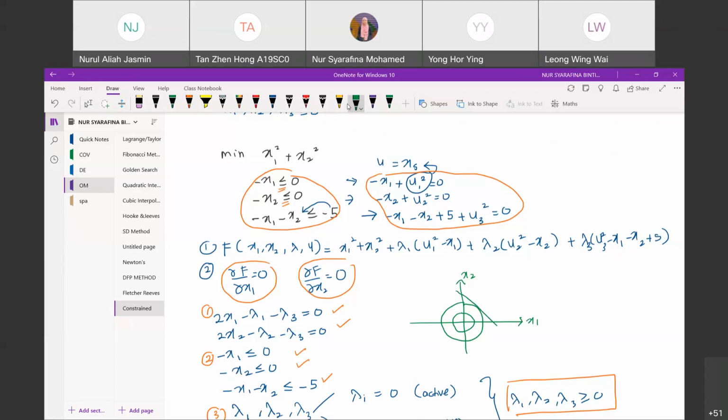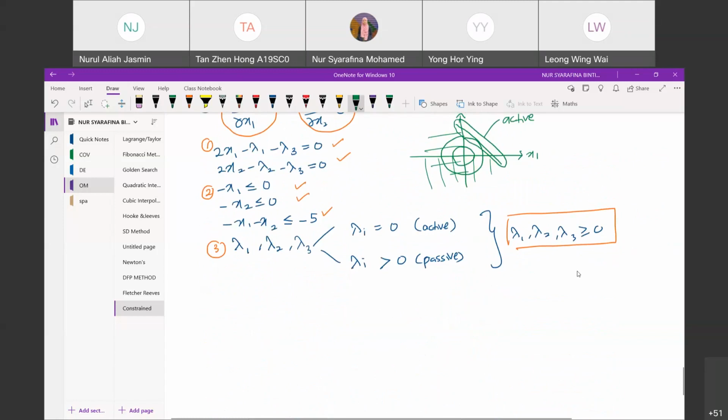So this is the constraint. The constraint here touches the region of the circle, so this is what we call an active constraint. And this one does not touch.